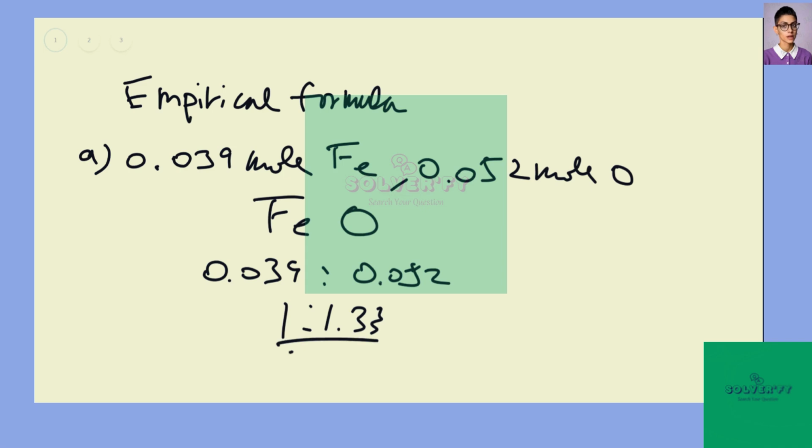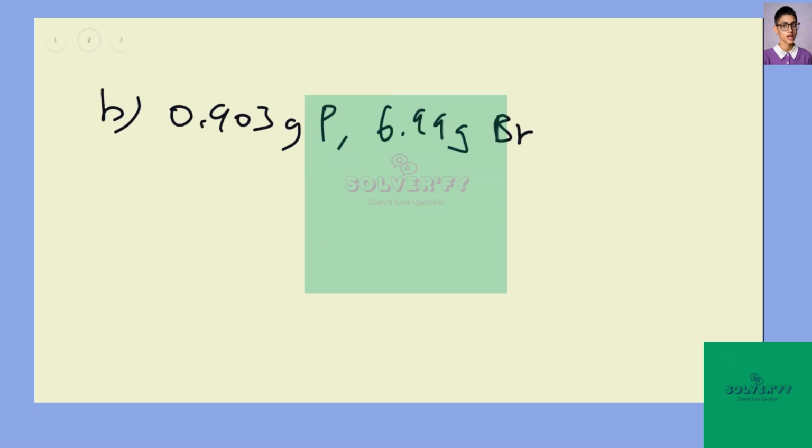So it's roughly around 1.11 to 1.33, but we will round down to the nearest whole number, so 1. So the empirical formula will be Fe1O1.